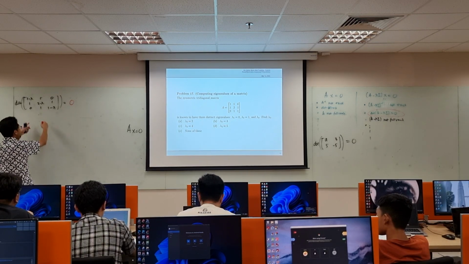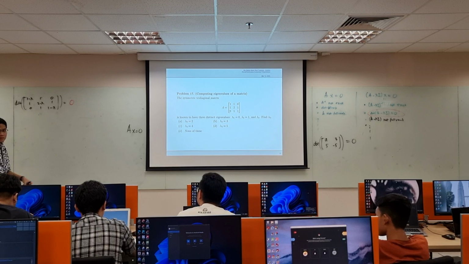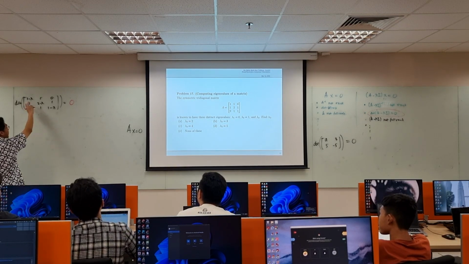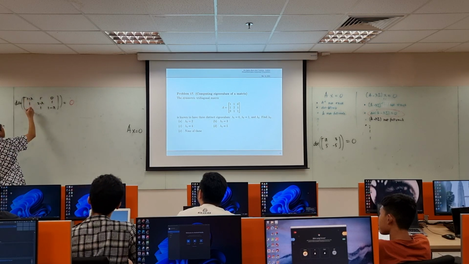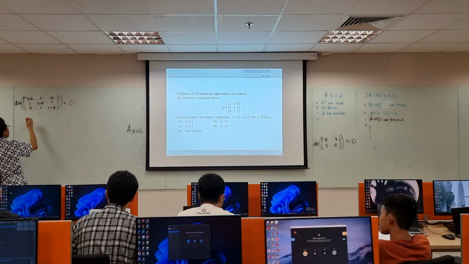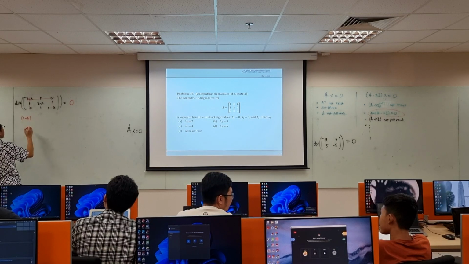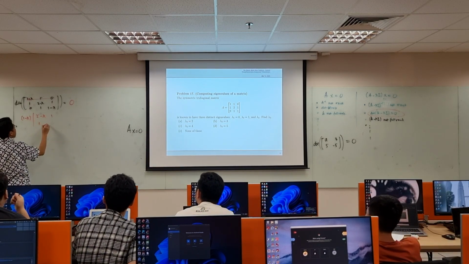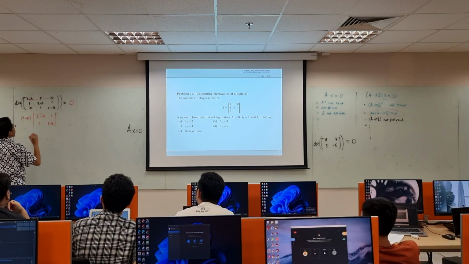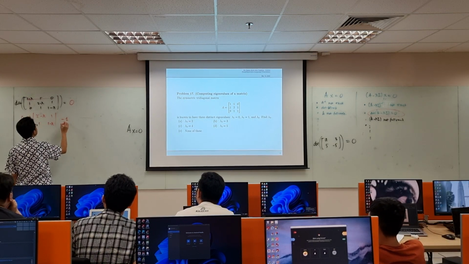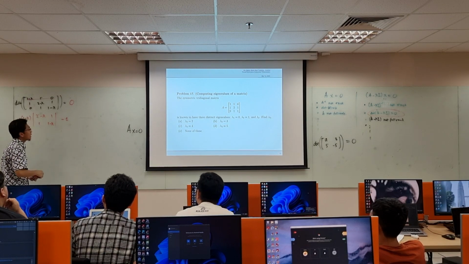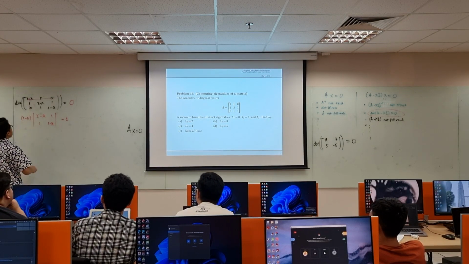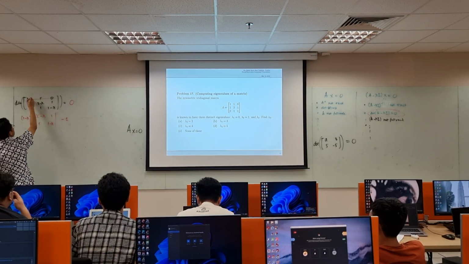Then we expand. What is this determinant? We expand it. 2 minus lambda times. It is 1 minus lambda multiplied by 2 minus lambda, 1 minus lambda, and then minus 1. I'm using the next one, which is this one.